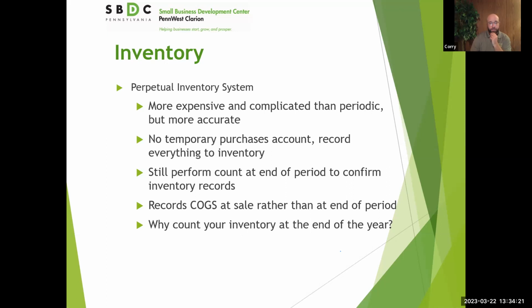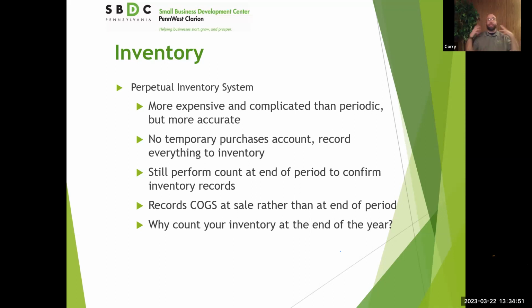Okay. So there's no temporary purchase account like just a piece of paper on the side. There's nothing like that, like we just talked about. This is literally done in each and every purchase right in QuickBooks, right in your bookkeeping system, and that bookkeeping system is making calculations automatically for you. Now, you don't necessarily have to do an ending inventory, although I would suggest that you do an ending inventory still.